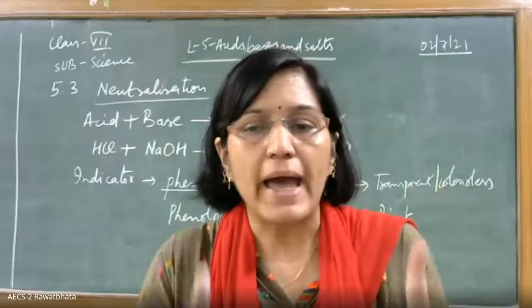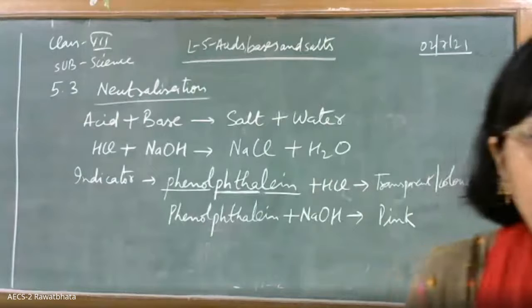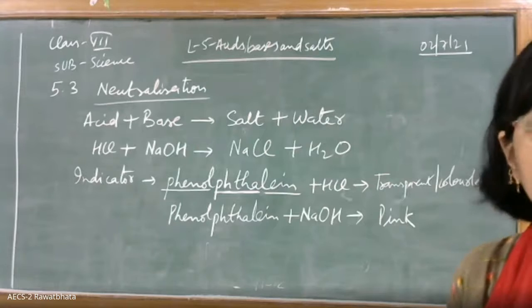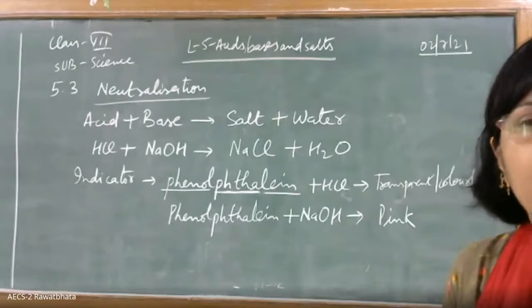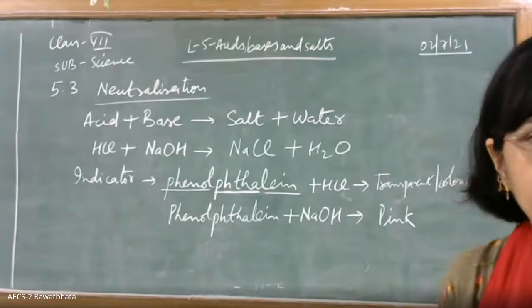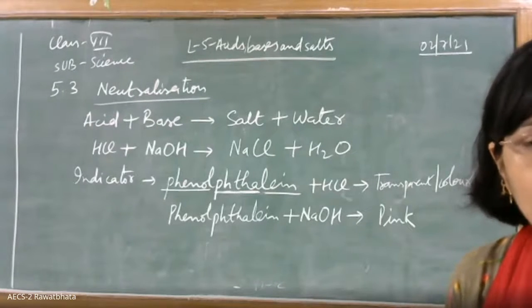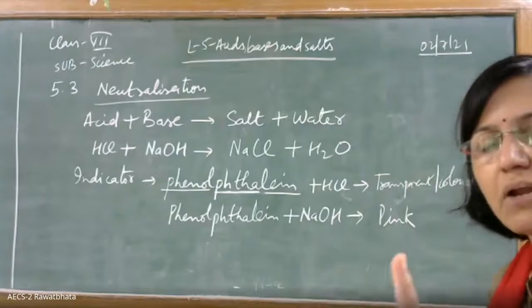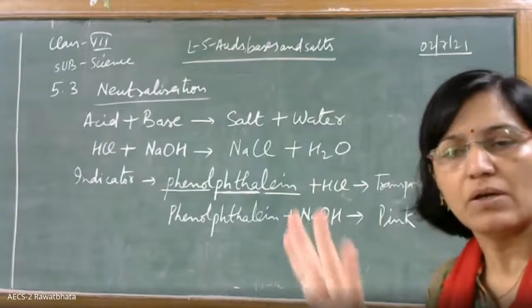Simple logic. As long as there is NaOH, sodium hydroxide, in the test tube, phenolphthalein is going to impart pink color. Right? First golden rule, phenolphthalein gives pink color. What is the color of phenolphthalein?